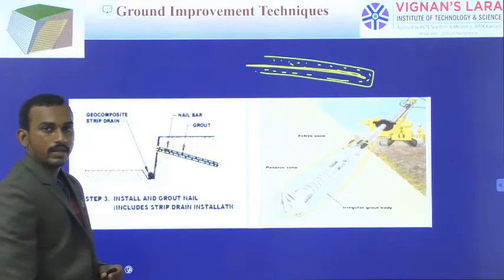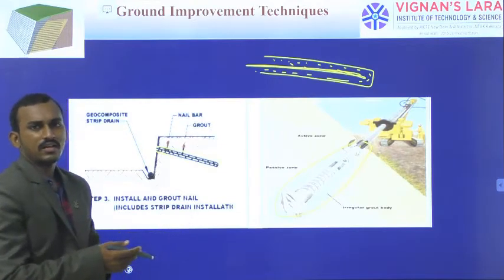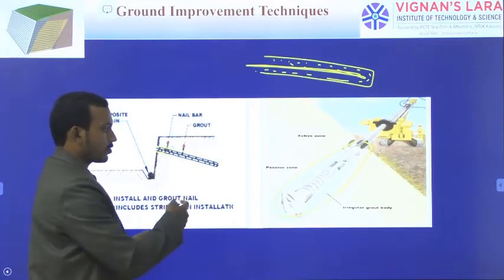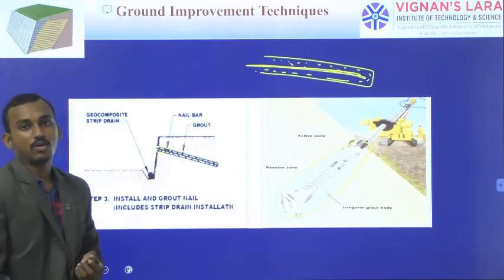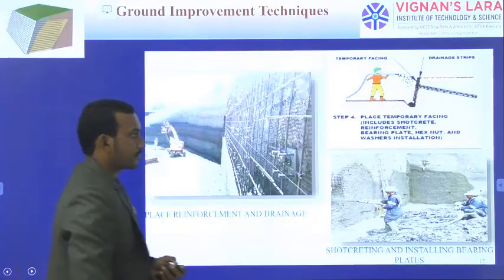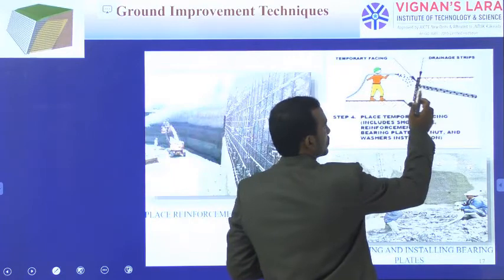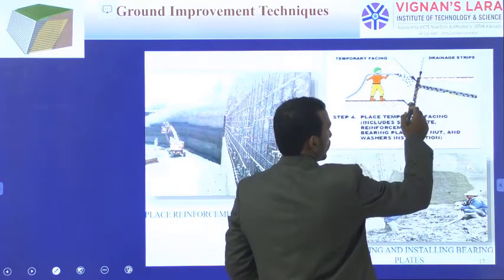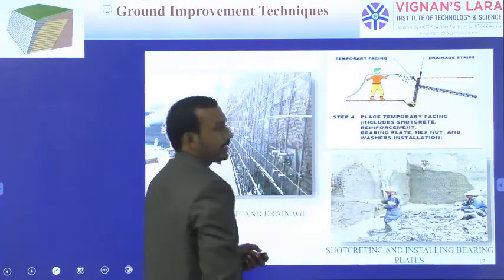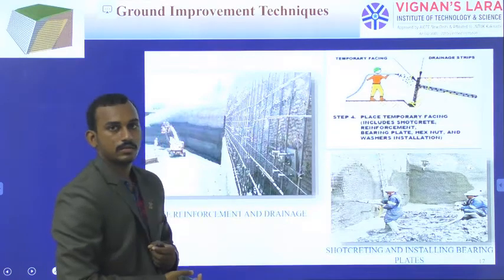Okay. So this is the next step. We have to install the nail and we have to grout the nail. The next one is apply the grouting like this. Once you install it, you have to apply the grouting, and we also need to place the temporary facing. That's a temporary facing. Okay.